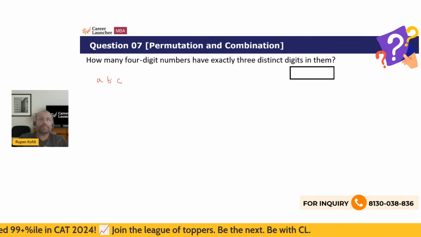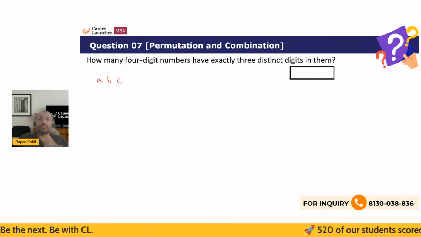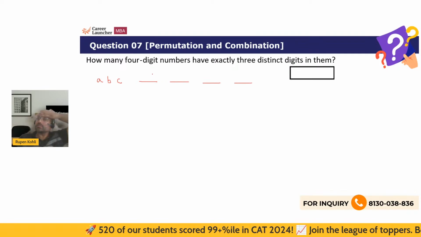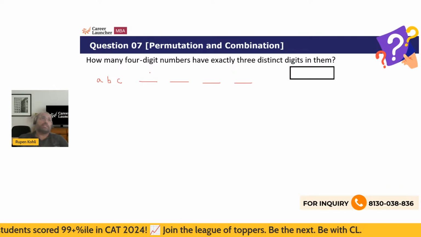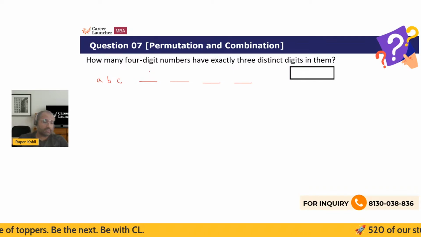So the point is, when we are forming a 4-digit number, zero can't come at the thousands place. So whether in my selected pool of digits I have selected 0 or not creates a difference in terms of my arrangement.